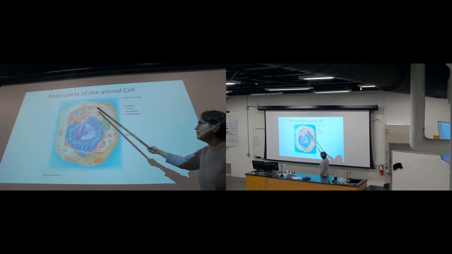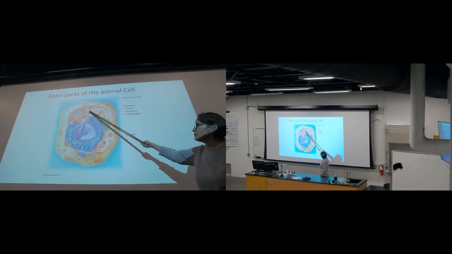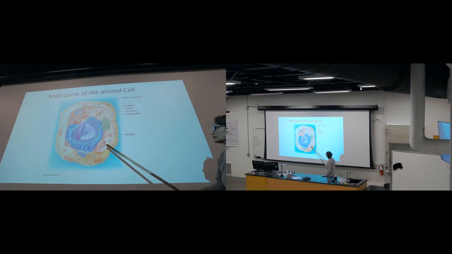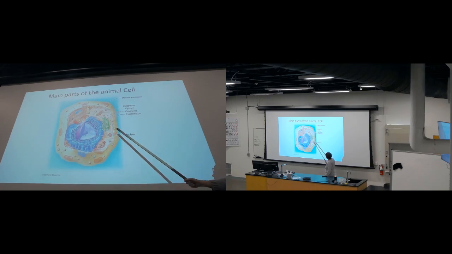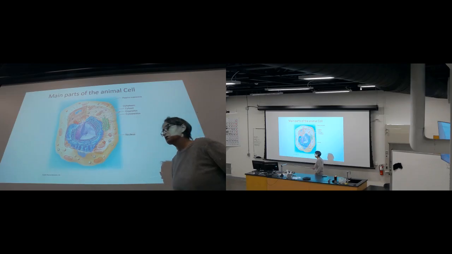Like the mitochondria, centrioles, peroxisomes, lysosomes. We have cytoskeletal proteins, free ribosomes, and ribosomes attached to the rough endoplasmic reticulum. And then we have another organelle called the Golgi apparatus, and another called the smooth endoplasmic reticulum. All of these are the main parts of the animal cell.